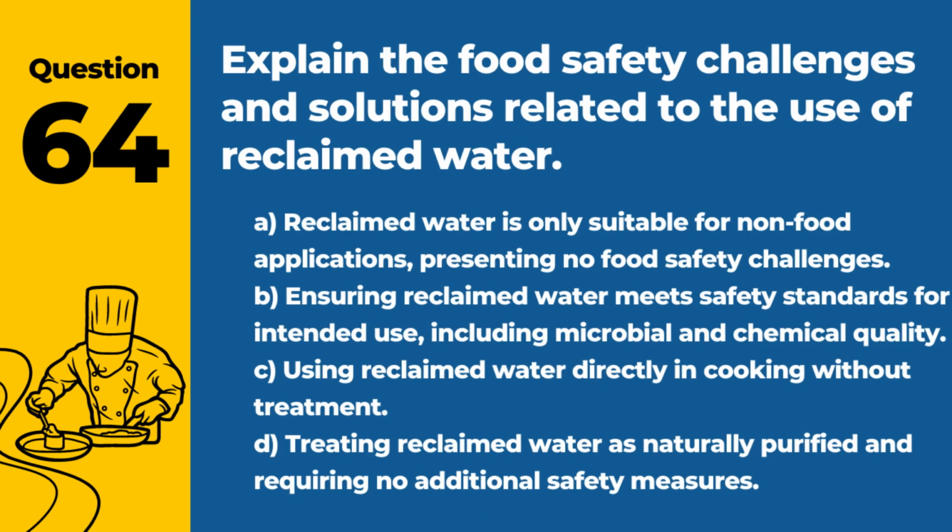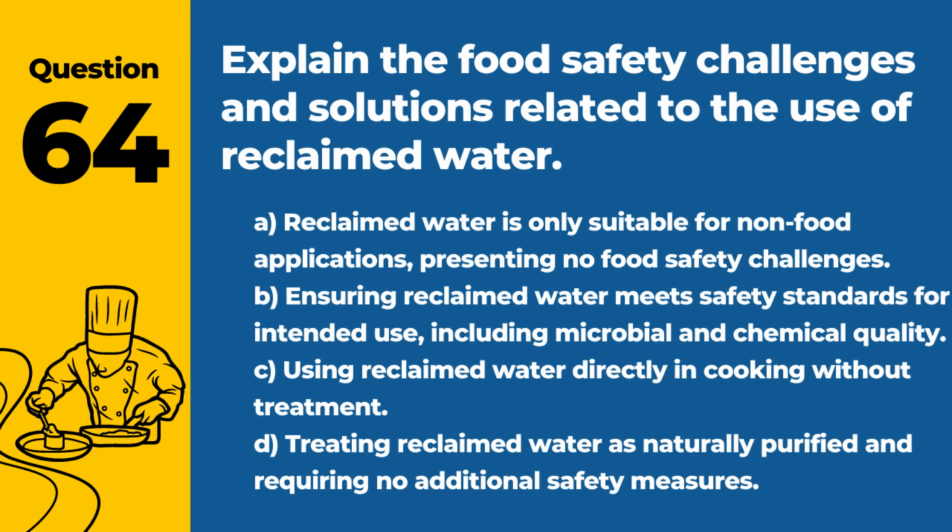Question 64. Explain the food safety challenges and solutions related to the use of reclaimed water. A. Reclaimed water is only suitable for non-food applications, presenting no food safety challenges. B. Ensuring reclaimed water meets safety standards for intended use, including microbial and chemical quality. C. Using reclaimed water directly in cooking without treatment.